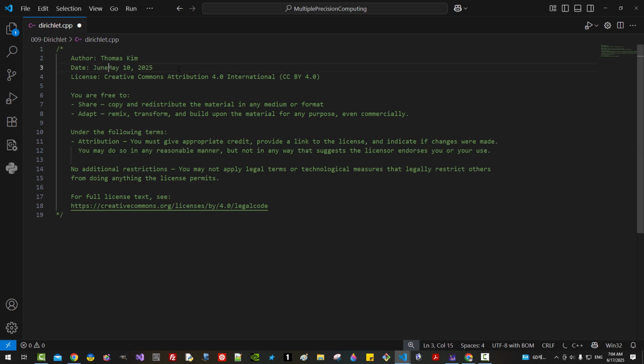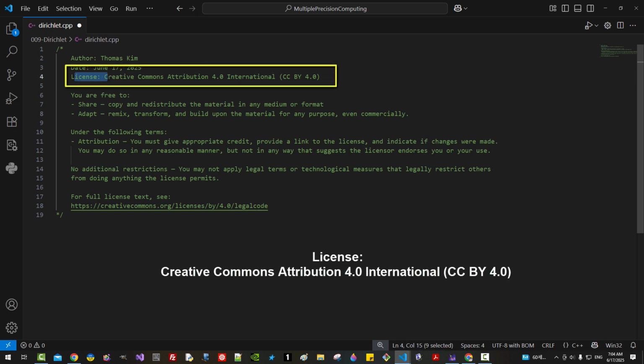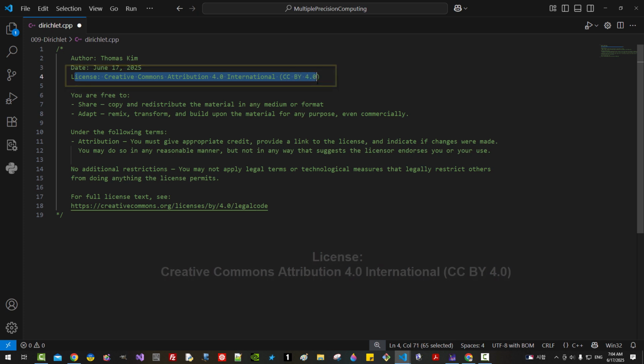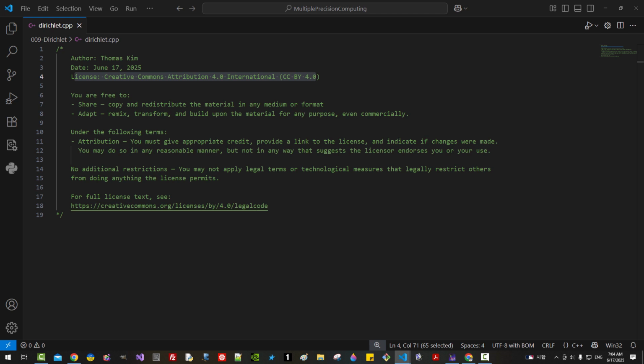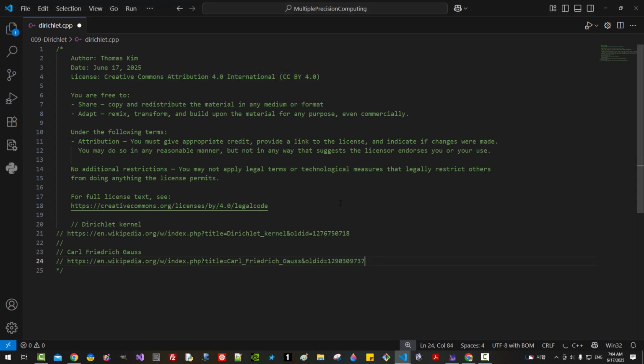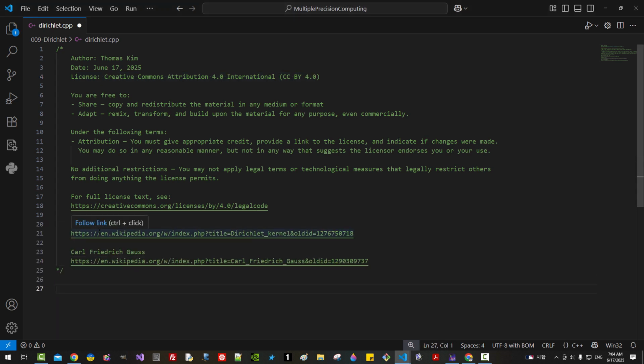Today is June 17th, 2025. The copyright of this source code: Creative Commons Attribution 4.0 International, CC BY 4.0. I would copy and paste two links here, Dirichlet kernel and Carl Friedrich Gauss.